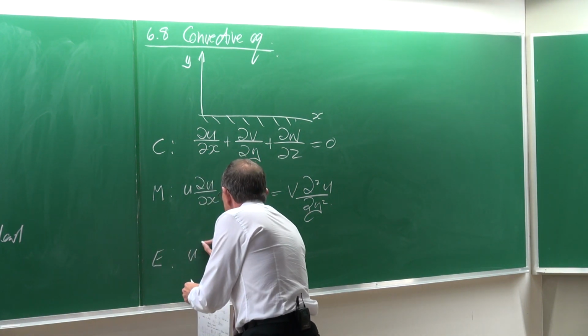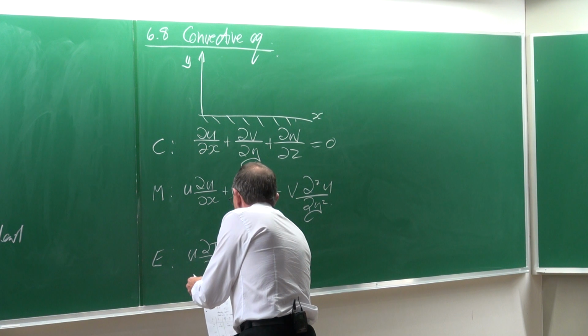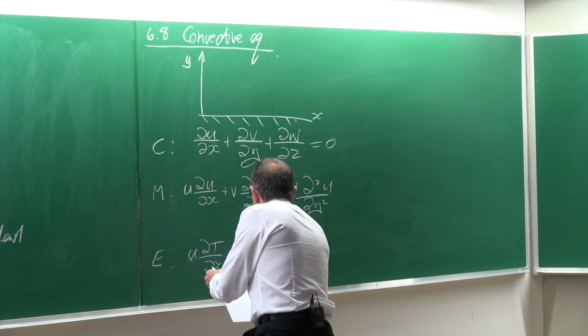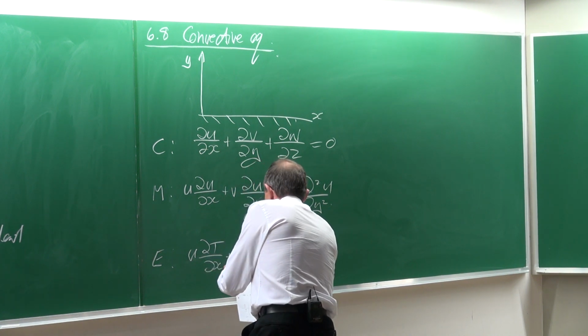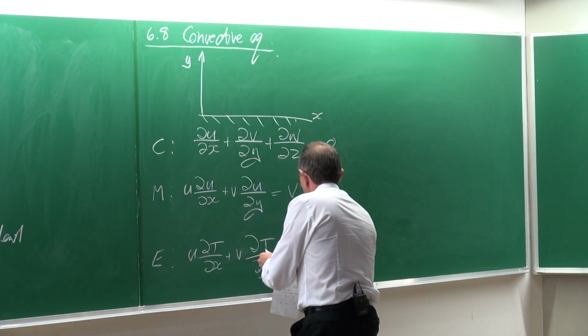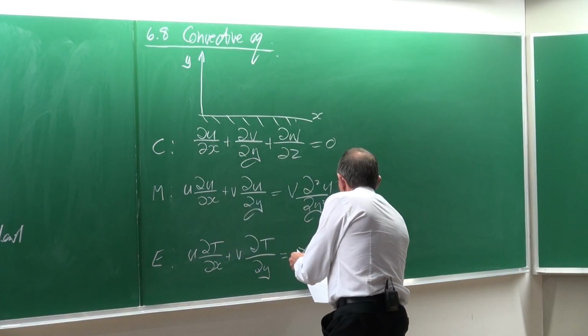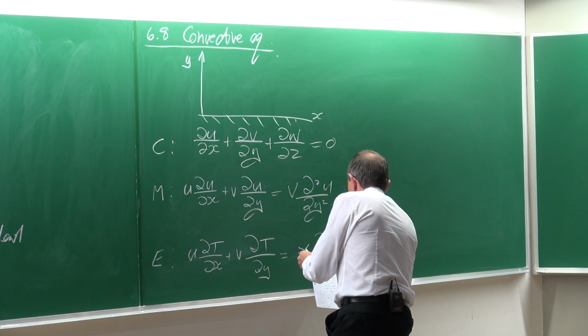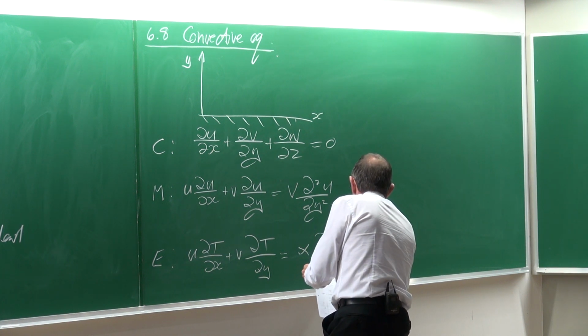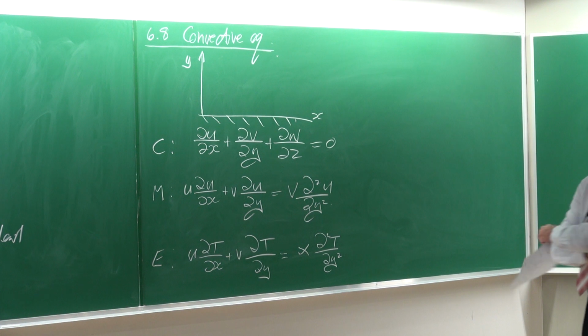And the energy equation is u partial dT/dx plus v partial dT/dy is equal to alpha partial d2T/dy squared. That's the energy equation.